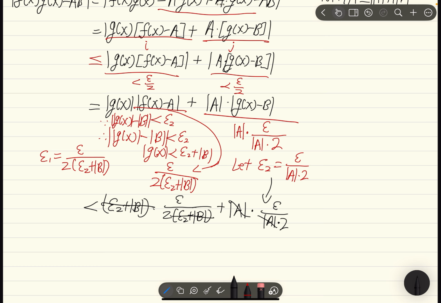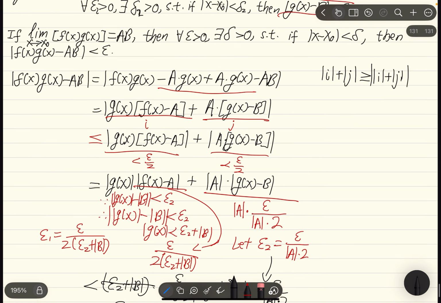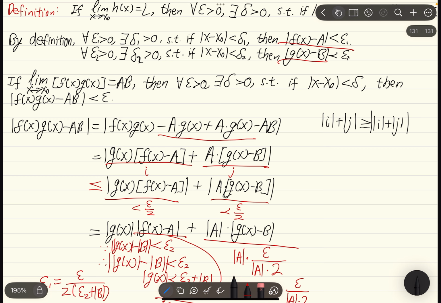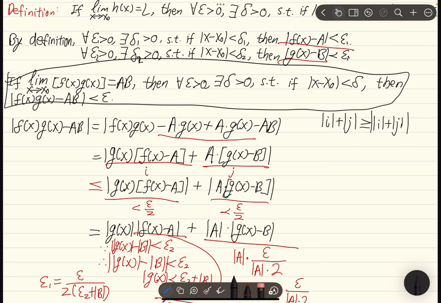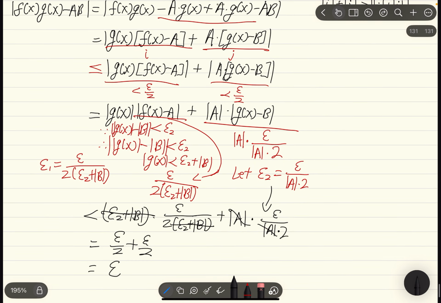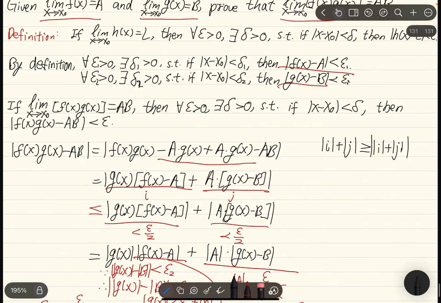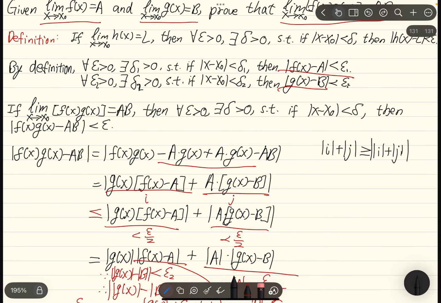And since this is basically epsilon over 2 plus epsilon over 2, the sum is going to be epsilon. So hence, we know that this is actually true under these conditions.